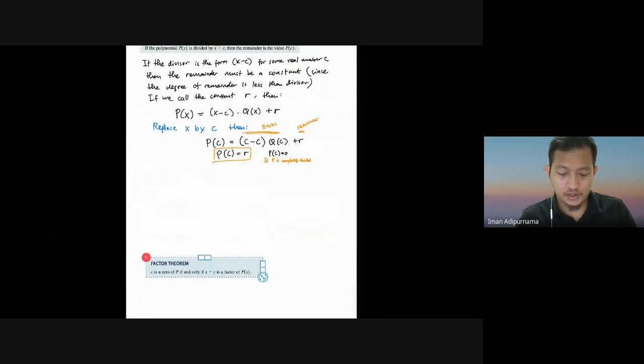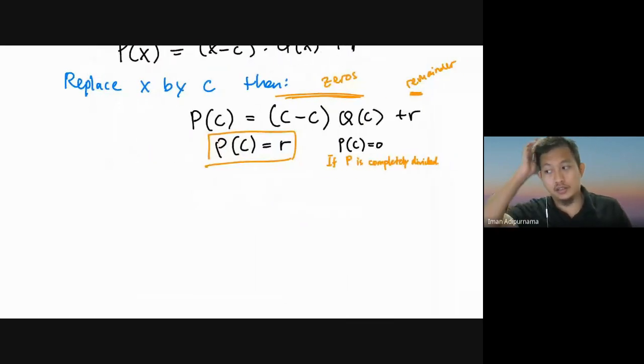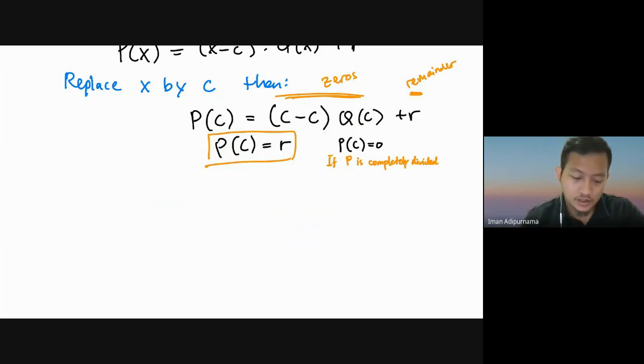There's also another theorem, but let me give you another example of how we use this remainder theorem. Let's say, for example, we have p(x) equal to 3x to the power of 5.